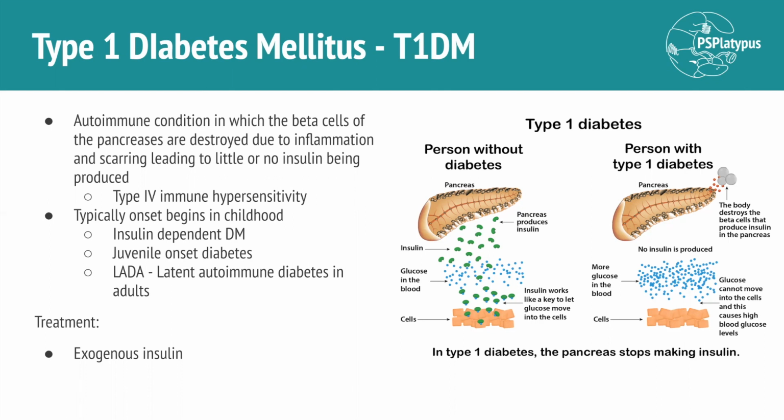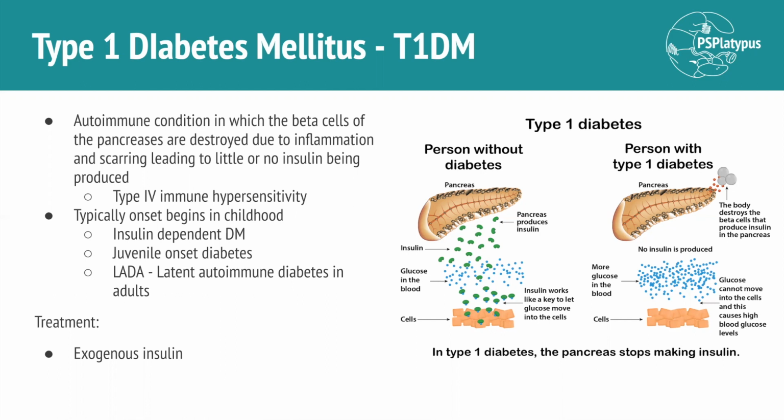However, there is also the case in which there is a latent activation of type 1 diabetes, which is known as LADA, or latent autoimmune diabetes in adults. A rare condition, but it is when patients spend the first part of their life having normal insulin production within their pancreatic cells, and then somewhere down the track, there is an activation of their type 4 hypersensitivity, which results in the breakdown of the beta cells within the pancreas, leading to it being unable to produce insulin.